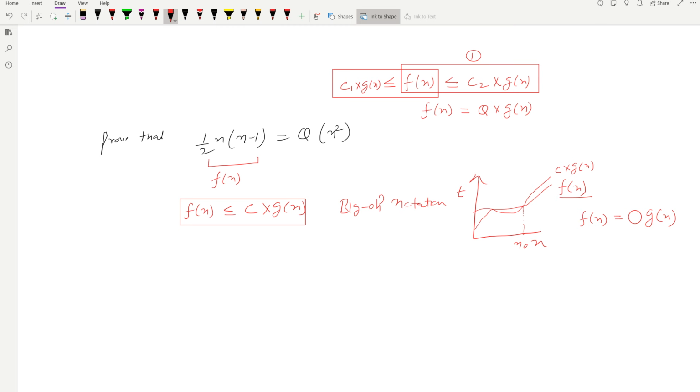That is, this function can be approximated in terms of this upper bounded g of n function. That is what we call the big O notation.